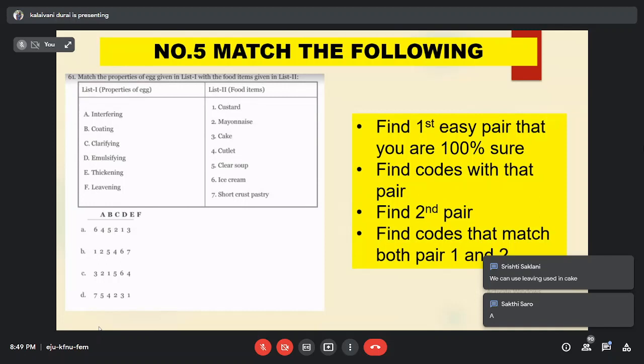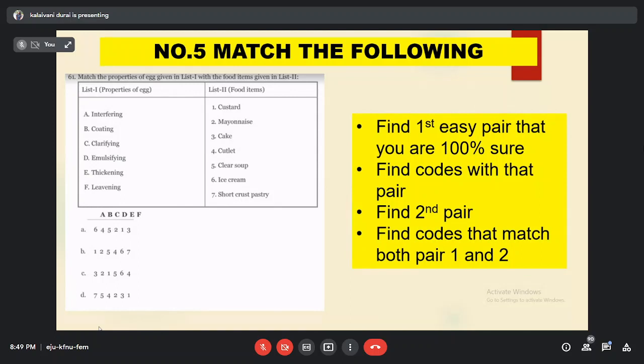That's what I'm saying. See, I am solving this question from my point of view. Okay, मुझे coating पता था and emulsification पता था. Maybe you will know clarifying. Maybe you will know leavening. Okay, so it depends. What you have to do is find one option which you 100% you are very sure. See, I'm saying for Priyanka, thickening and custard are easy लग रहा है.